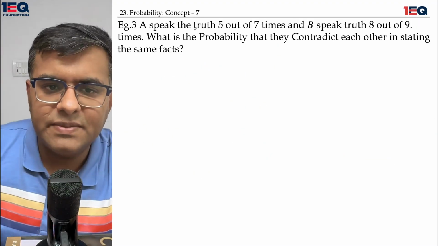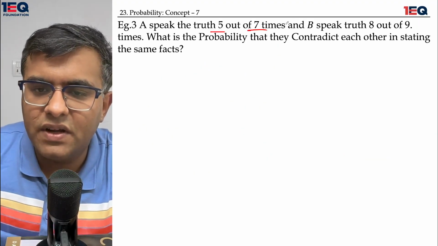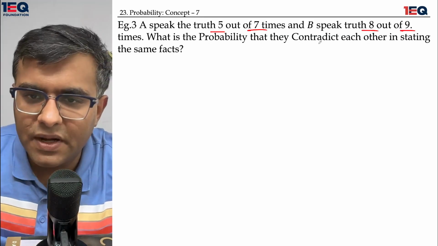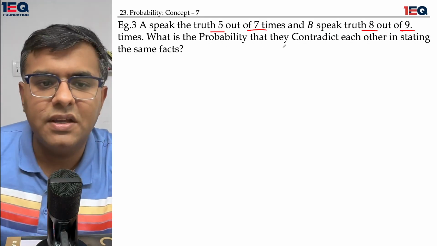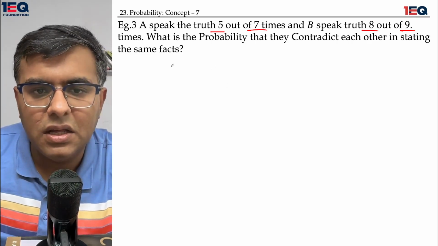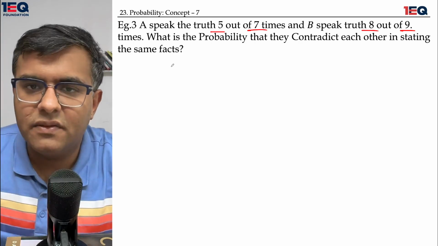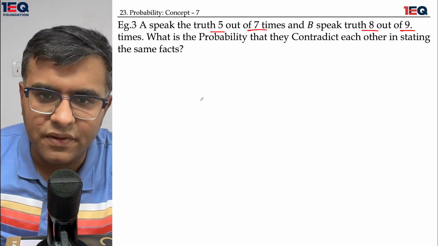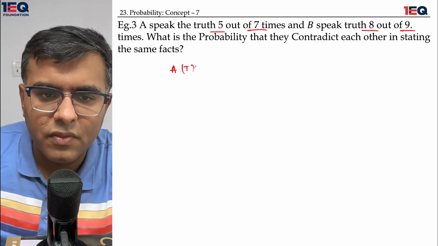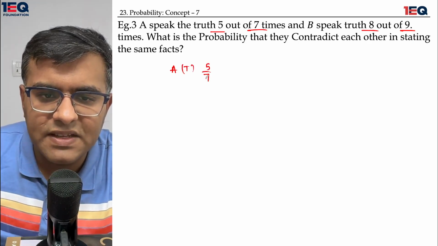A speaks the truth 5 out of 7 times and B speaks the truth 8 out of 9 times, what is the probability that they contradict each other in stating the same fact? This means that one of them is speaking the truth, one of them is lying. We have to form pairs of it. Okay? If A speaks the truth, he does it 5 by 7 times.